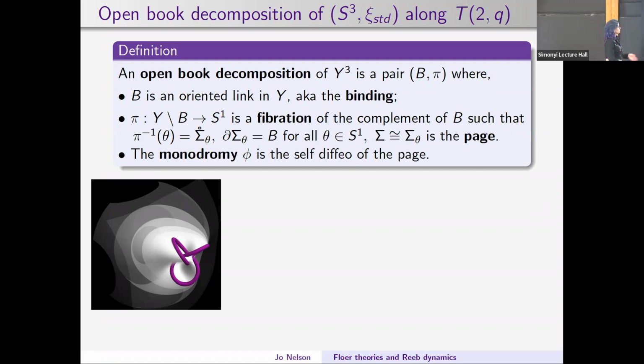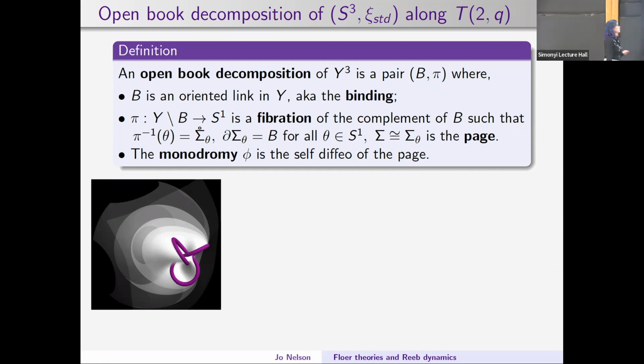And then the open book is a fibration of the 3-manifold minus the binding to S1. And if you look at the pre-image of some angle inside of S1, that gives you a surface with boundary. The boundary of the surface is the binding, and the surface itself for every theta value needs to be diffeomorphic.